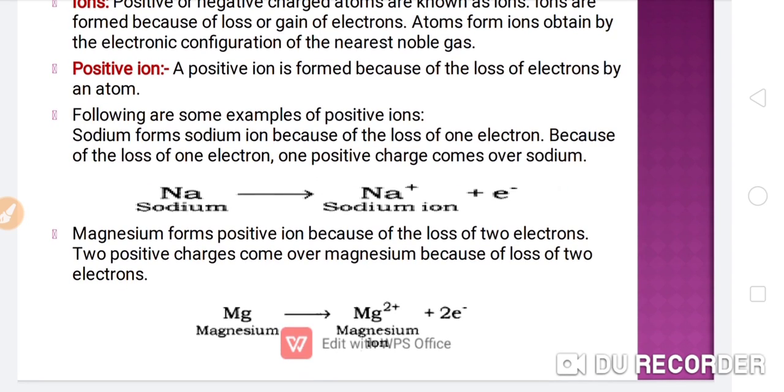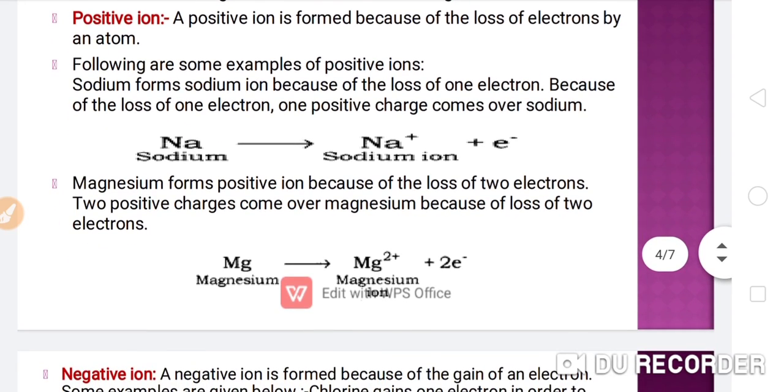After losing its one electron, it will be converted into a stable state, that is Na+. Magnesium forms a positive ion because of the loss of two electrons. So two positive charges come over the magnesium because of the loss of the two electrons.